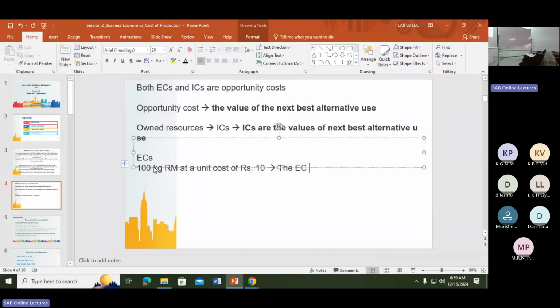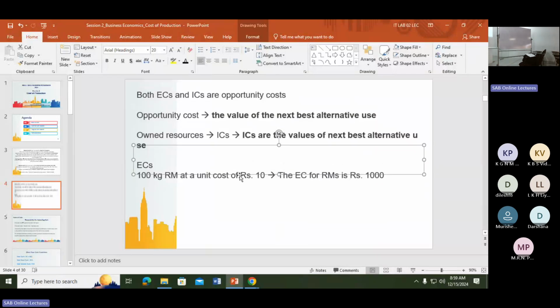The explicit cost for raw materials is 1,000 rupees. That's an explicit cost. We actually pay them out of pocket. How does it become an opportunity cost? The definition of opportunity cost is the value of the next best alternative use.